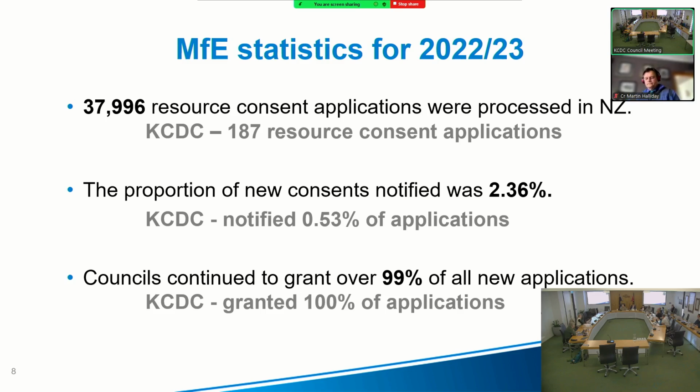But we also get objections to our decisions, which is a different process from the applicant's point of view. That's where they don't agree with the decision that was made, and it's just a different avenue of getting to the same process.